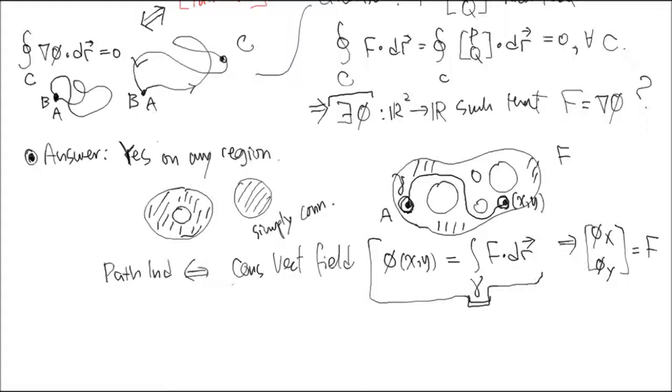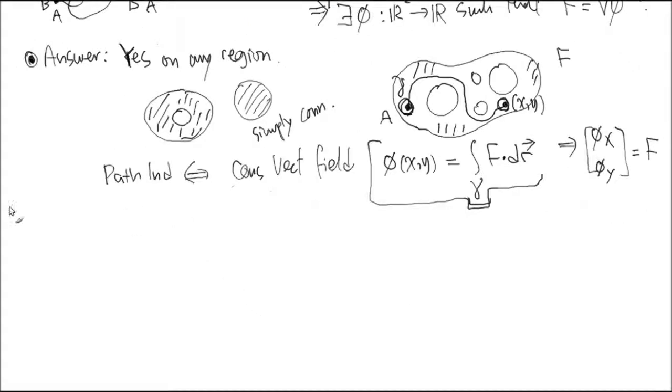So I realized I didn't really answer about the other condition. Here path independence is another strong property that is actually equivalent to the conservative vector field. But there's another thing that was attached to the conservative vector field, that curl calculation.